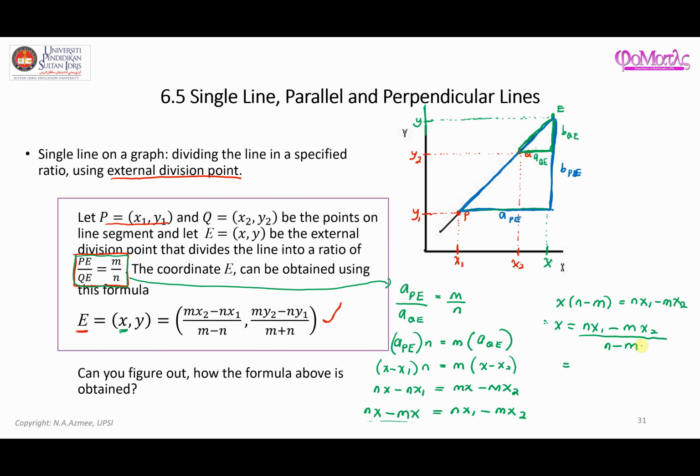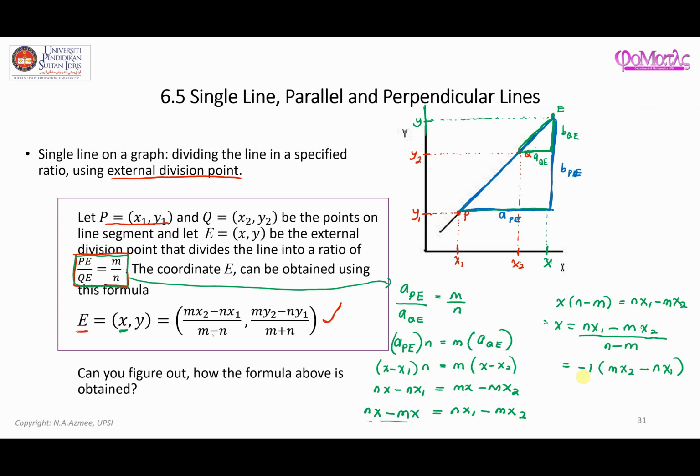Now, this doesn't really look similar to what you have over here, and that's because you just need to rearrange it in a slightly different manner. So what I can do is factor -1 out. I'm going to rearrange slightly the expression so that it looks similar to what is given here. So I can have -1 outside, that would be mx2 minus nx1.